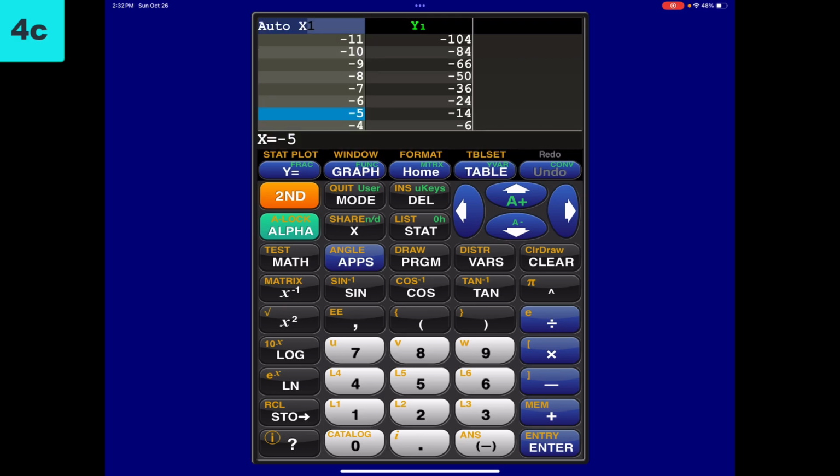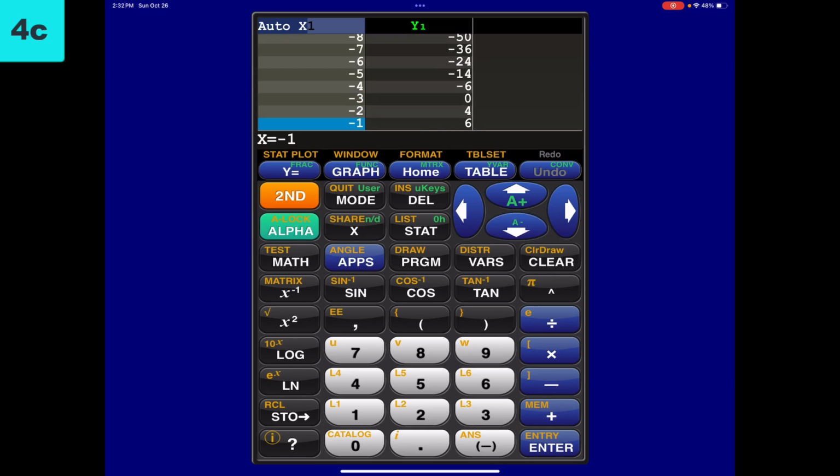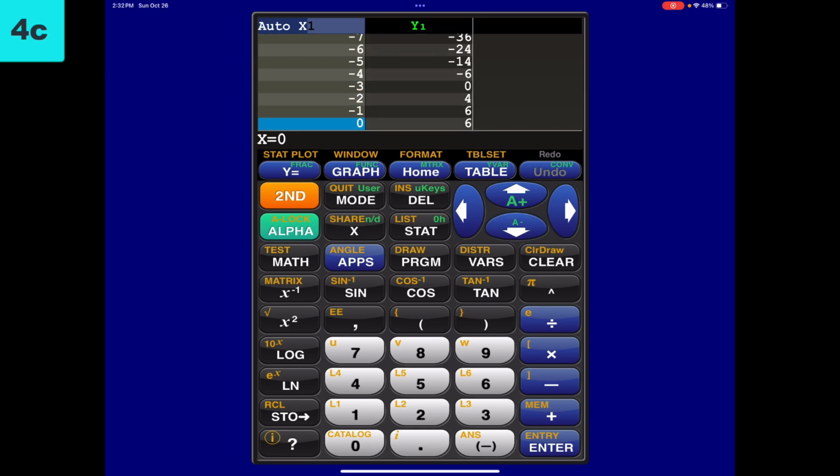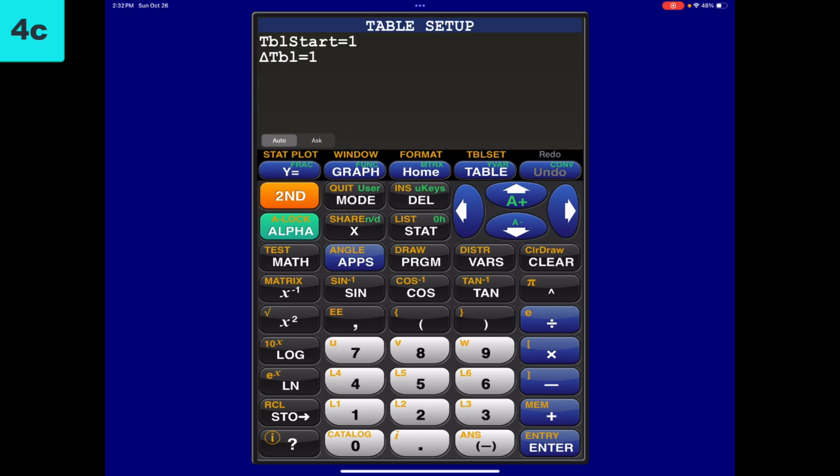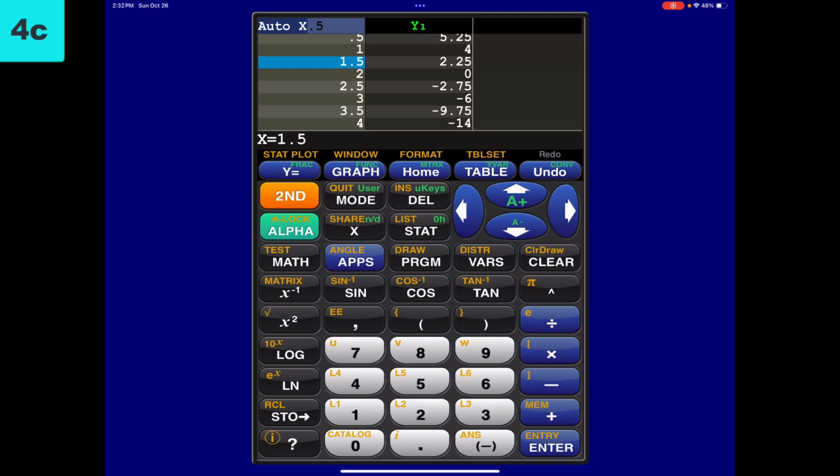Just double check our numbers. Counting by 0.5, so then I can just go to table set, so that'd be second table in this calculator, and I wanted to change to 0.5. So it should have been -2, 4, -1, 6, -0.5, 6.25, 0, 6, 1, 4, and 2, 0.